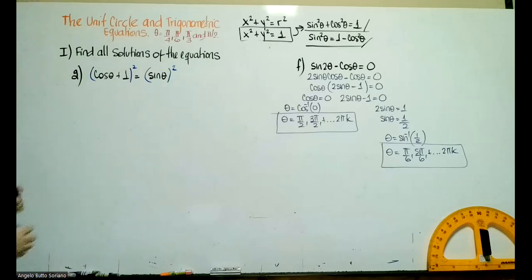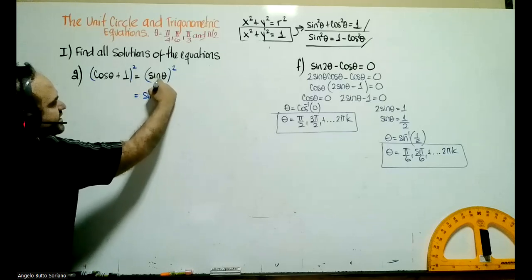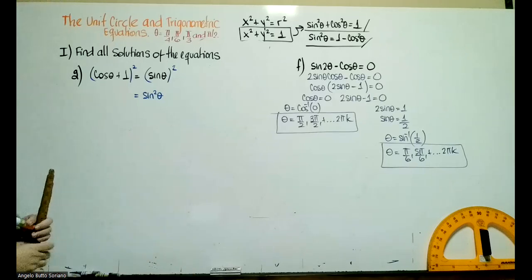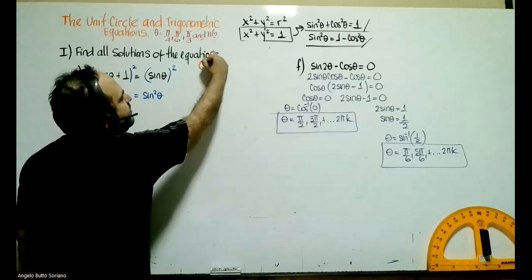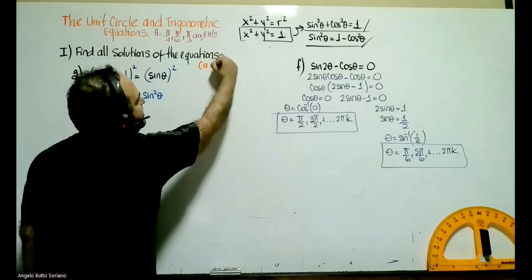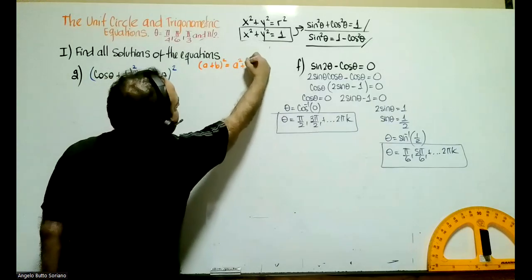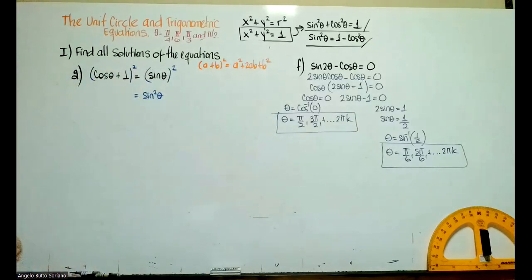What's going to happen? On the right side, we're going to transform sine theta into sine squared theta, right? This is by one hand. By the other hand, because I have cosine theta plus 1, we can apply a special product. Remember, the special product formula is (a plus b) squared equals a squared plus 2ab plus b squared.